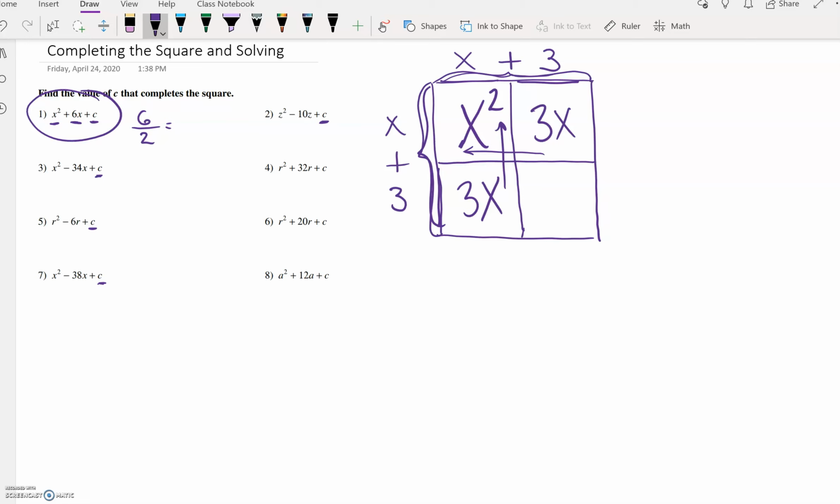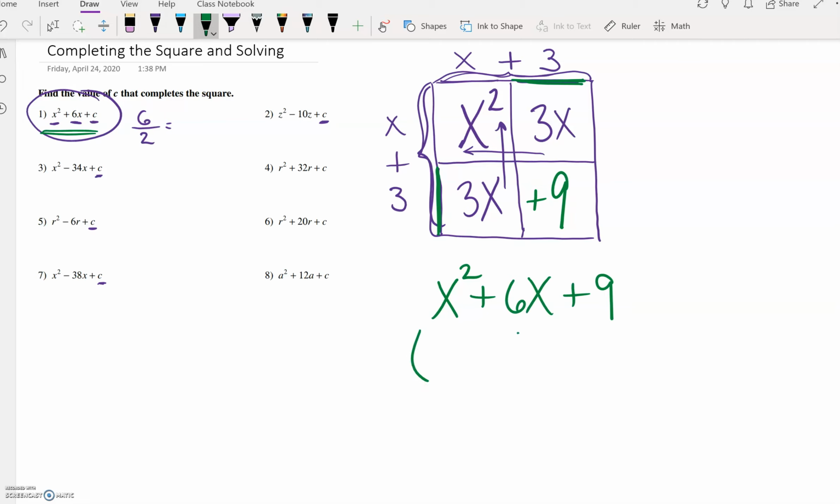So what is this missing value of C? This missing value of C is the part that completes the square. So here we're going to take the 3 by 3, multiply those together, and we're going to add 9. What that does for this particular trinomial is it changes it into x squared plus 6x plus 9.